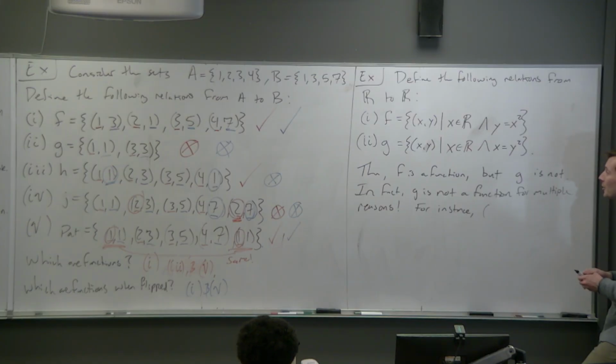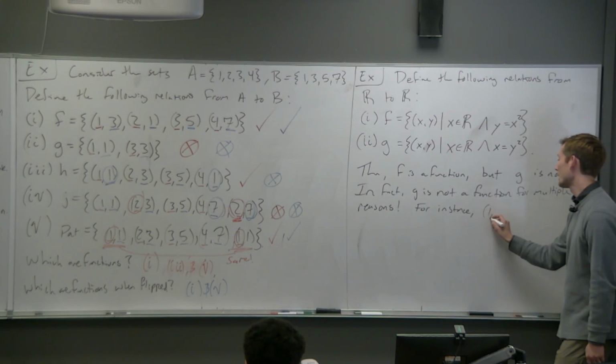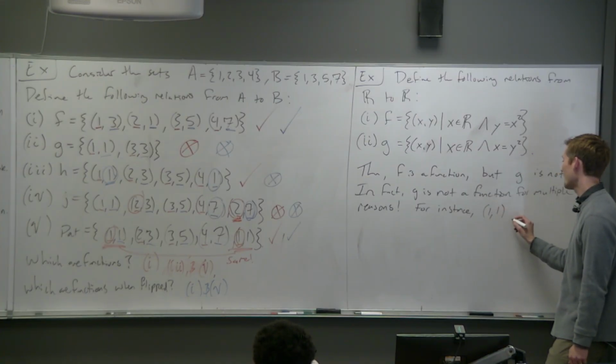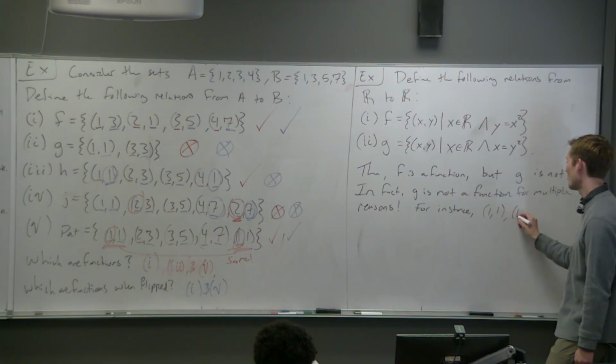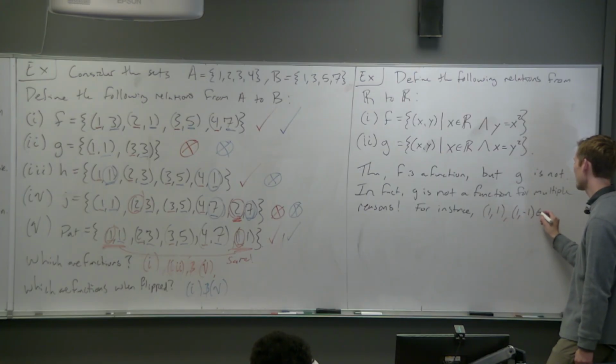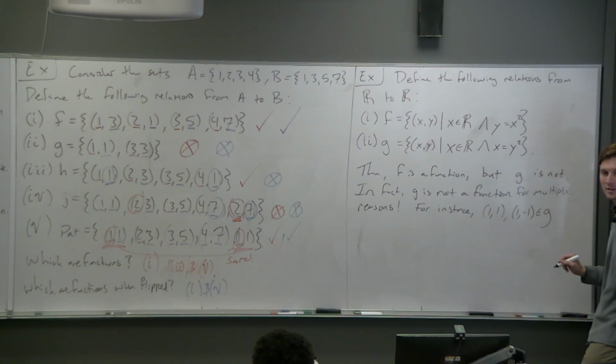So you're saying you could have, say, (1, 1) and (1, minus 1). Both of these are in g, right?